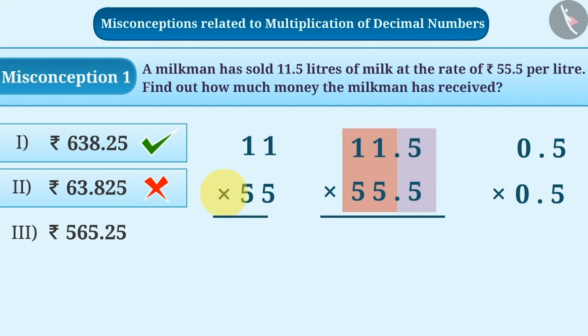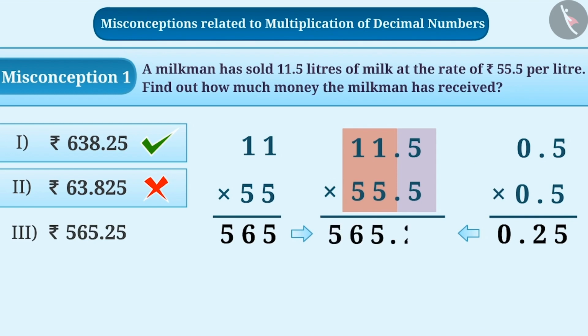The product of the whole number part is 565 and the product of the part of the whole number is 0.25. And now, both are combined together to obtain the answer as 565.25. This is also a misconception. Therefore, incorrect answer option 3 is chosen. Remember that this is the wrong way of performing multiplication.